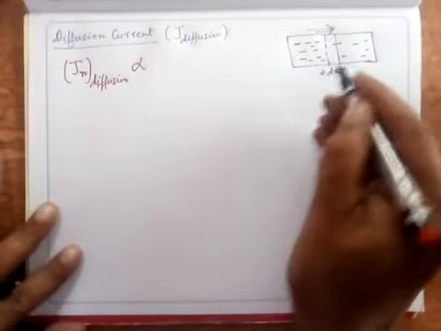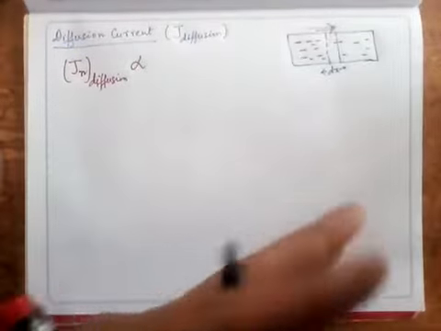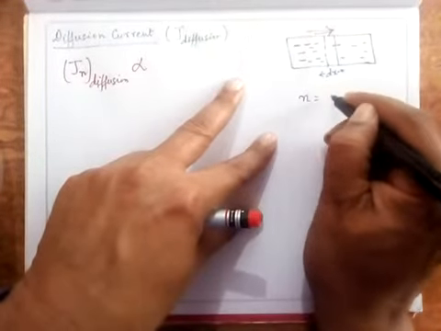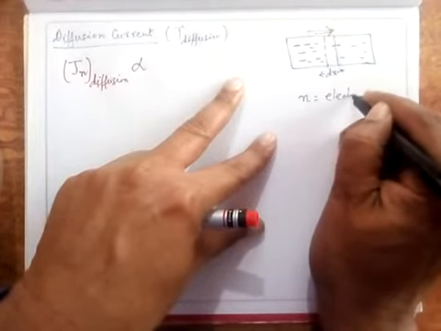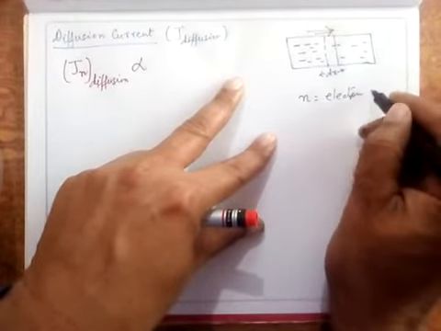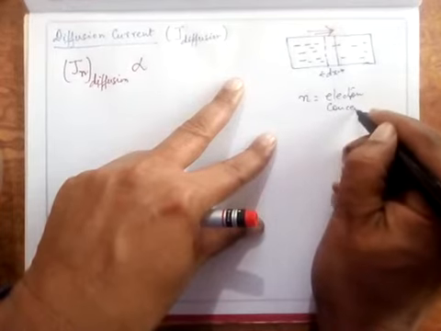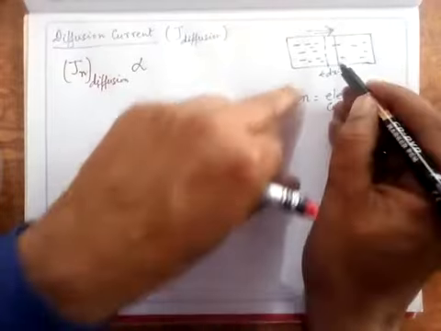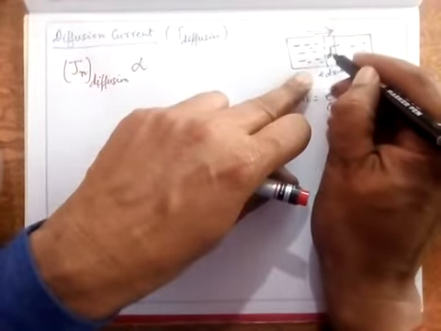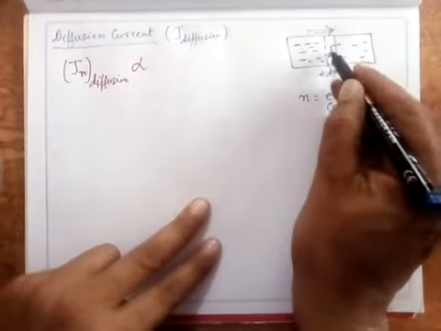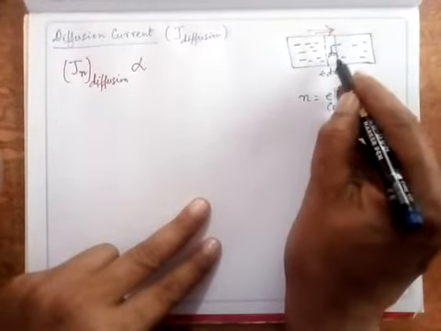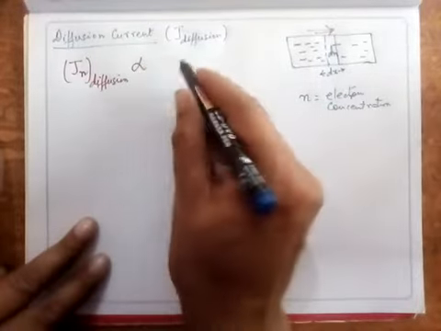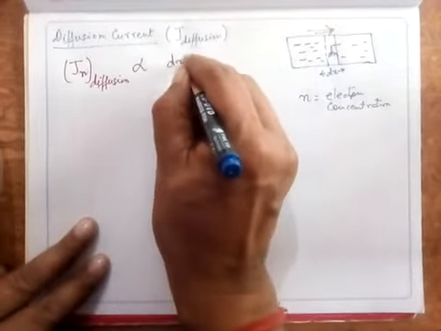if I say that small n is the electron concentration, and small dn is the change in the concentration of electrons in this small distance dx, it is directly proportional to dn upon dx.